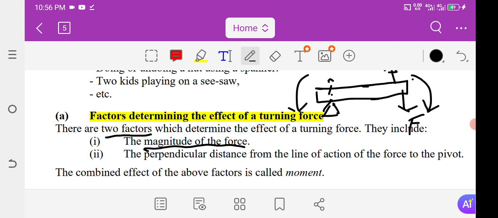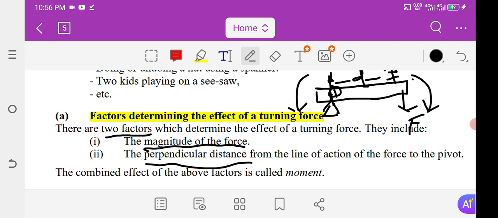Another factor is the perpendicular distance from the line of action of the force to the pivot. The pivot is the point about which something turns. This distance here is a deciding factor as to how much it is going to turn.